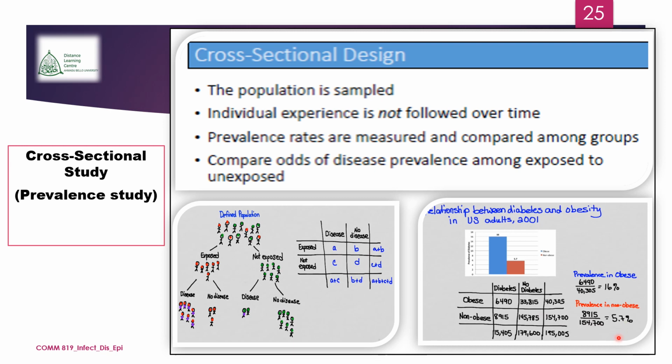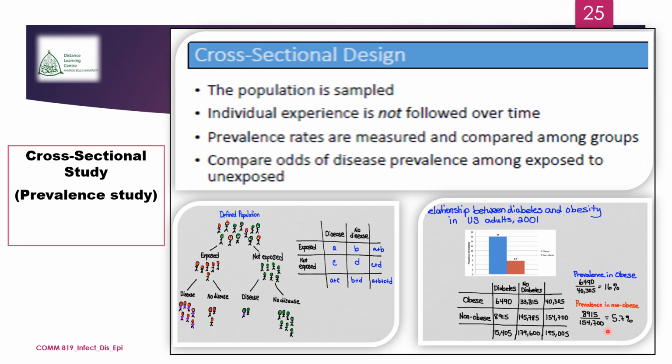So that number 3, based on those criteria that I gave you, that if odds ratio is greater than 1, that means there is a strong positive association, right? So prevalence in obese divided by prevalence in non-obese is about 2.9, which is approximately 3, which is greater than 1.